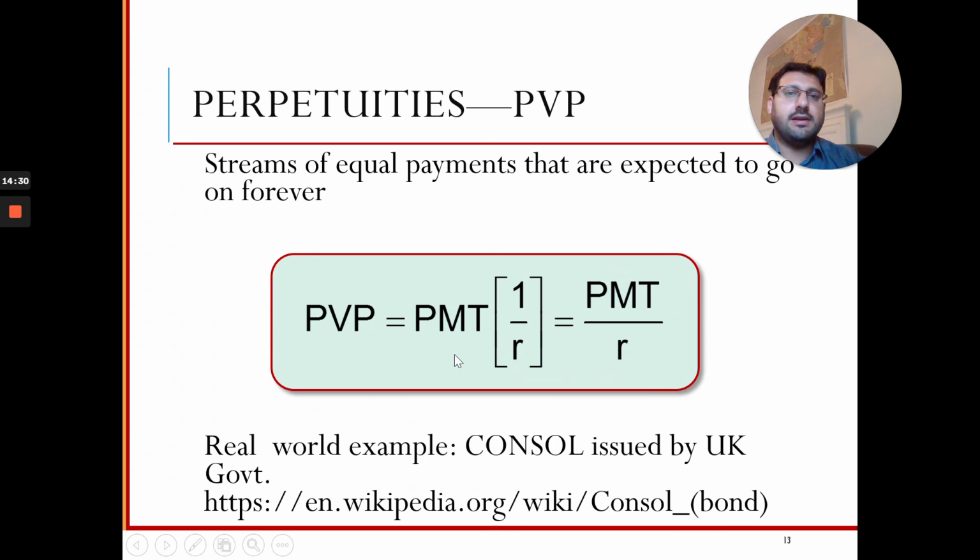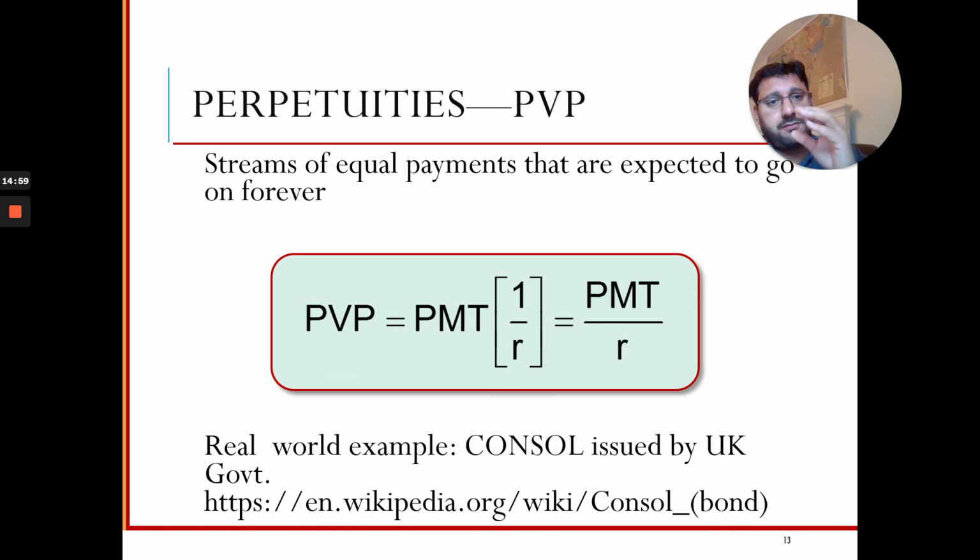Now the perpetuity, it's a very interesting concept, and sometimes students might wonder what it means, and does it really happen? If a person comes to you and says that you will keep receiving $50 at the end of every period, and assume that this $50 payment is at the end of every period, and you will receive it forever: 50, 50, 50.